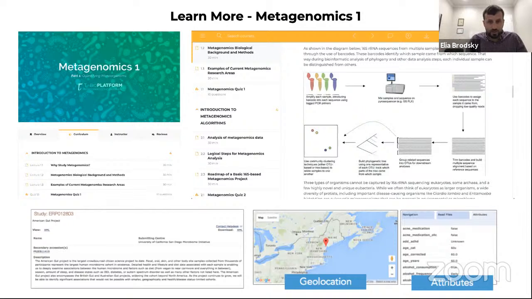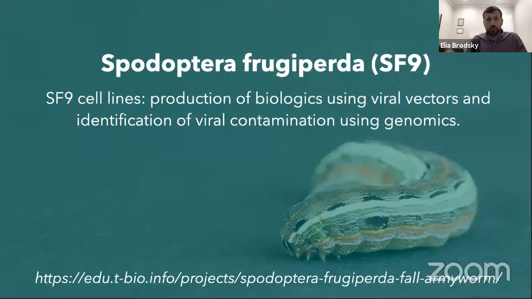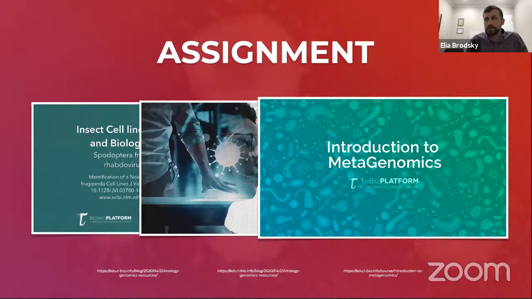And for a project, we ask you to look at Spodoptera frugiperda, which is a project that allows you to analyze sequencing data and detect a novel pathogen to characterize it and understand why it might be important for biologics production pipeline for biotechnology companies. So again, your assignment is to look at Spodoptera frugiperda, complete Introduction to Bioinformatics, Introduction to Metagenomics, or Metagenomics 1.